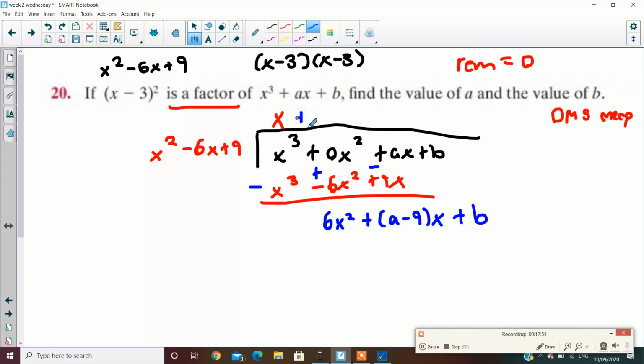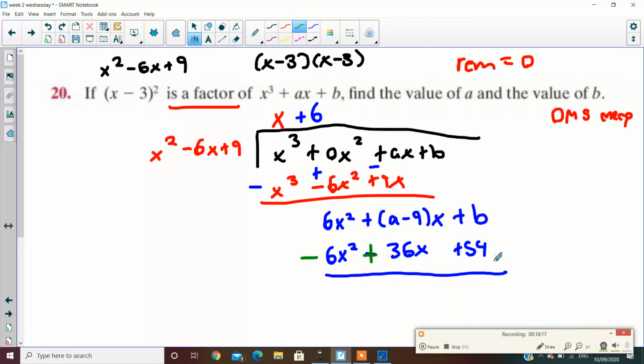We all good? Now, how many times does x squared go into 6x squared? So put in a plus 6, multiply again. 6x squared, yeah, minus 36x. And then 6 times 9 is 54. I did the multiplication part, now I'm on the subtraction part. So what happens here? Minus, plus, and what you're guaranteed is zeros all around.